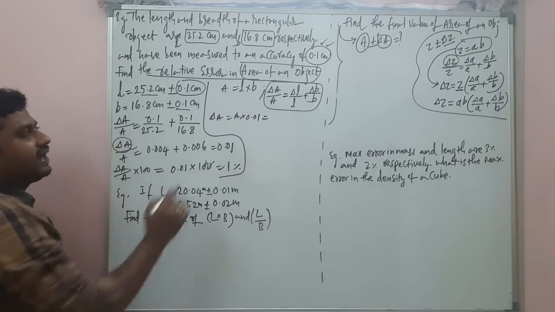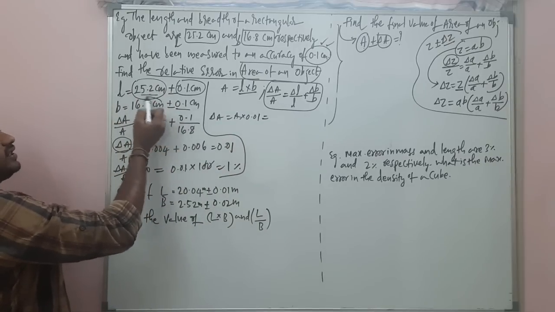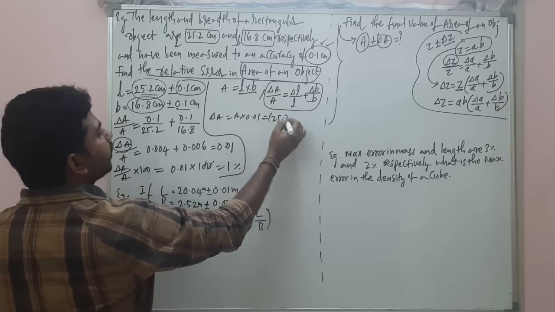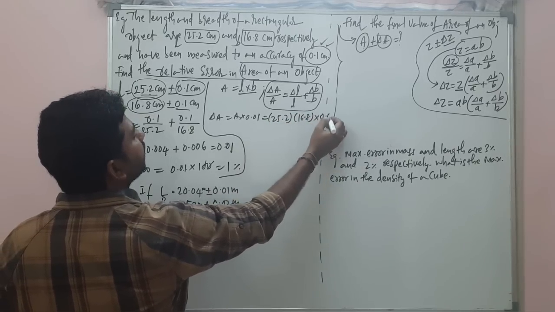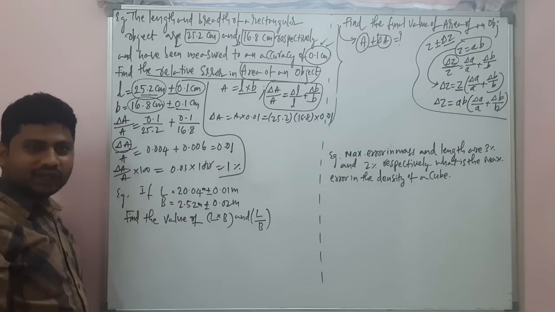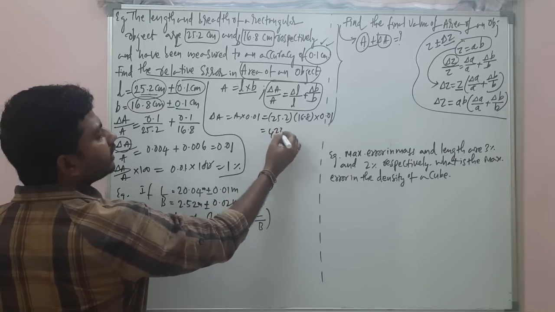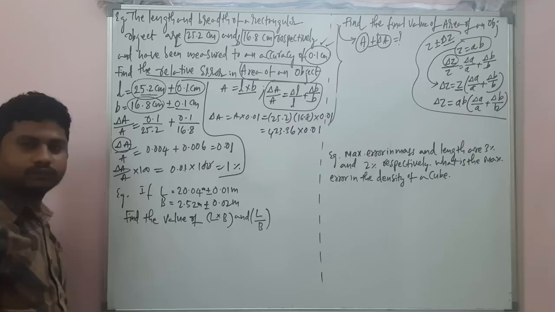What is a? A is L into b. What is L? Where is b? So this is L and this is b. Alright. So 25.2 into 16.8 into 0.01. Okay. So this will be almost equal to 423.36 into 0.01.